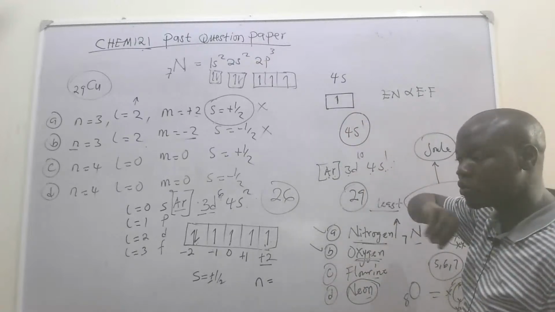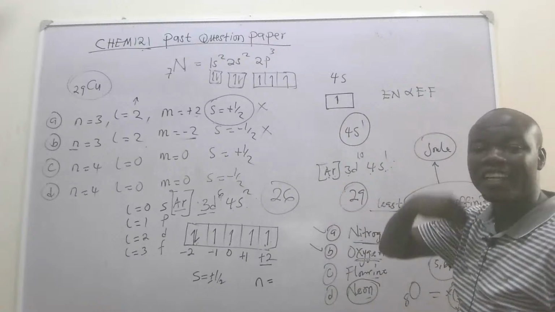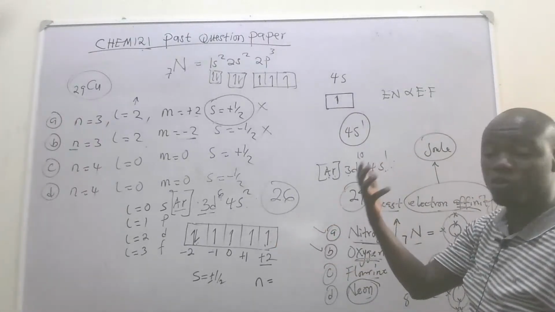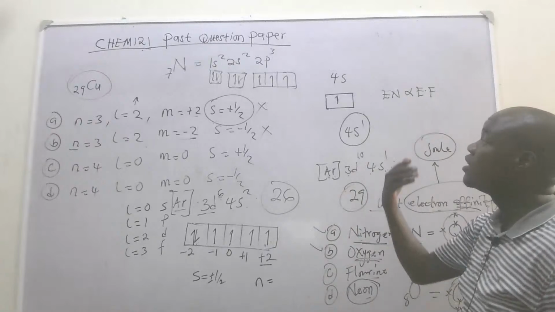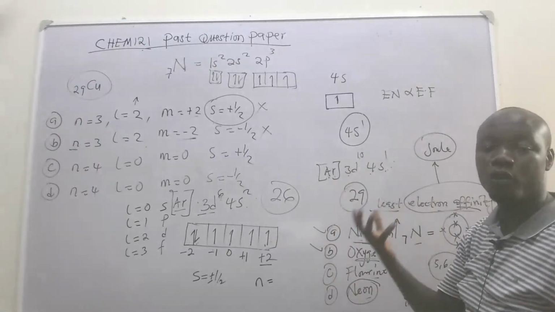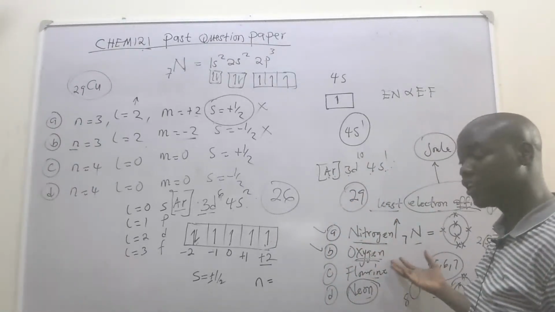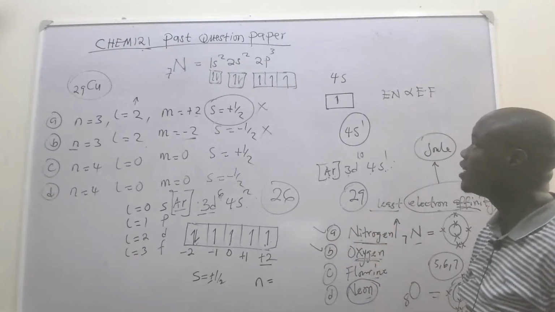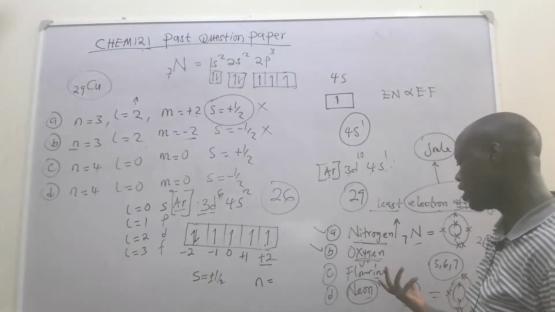Also, ionization energy is the energy required to remove the most loosely bonded electron. Nitrogen also has more ionization energy than oxygen.